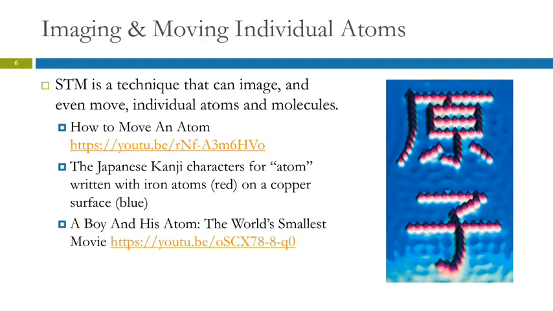And we can see images like this. These are the Japanese kanji characters for the word atom, written with iron atoms, those are the reddish purple ones, on a copper surface. That's the blue that we see. The colors are just from the computer so that we can see what's going on here.